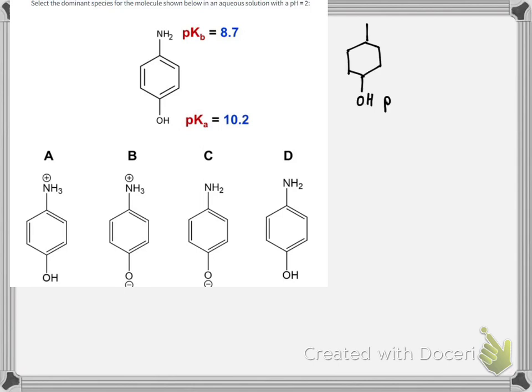Right, so let's take a look at it. First get the pKa, so the pKa is 10.2, and now the pKa of the acid form, NH3+, is 14 minus 8.7, or 5.3. Okay, so let's put our table together.